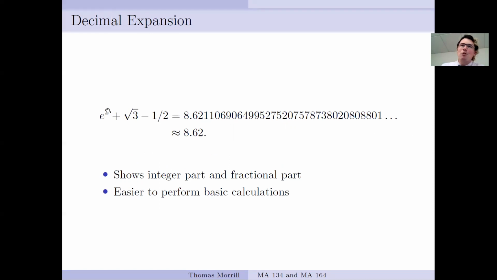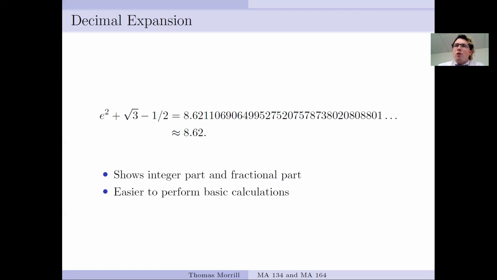So this is an irrational number. This decimal expansion will continue infinitely without repeating. But for everyday usage, it's very common to just round to a certain number of decimal points. So this is no longer the exact value. The stuff I have on the left is not exactly equal to 8.62, but it's pretty close.